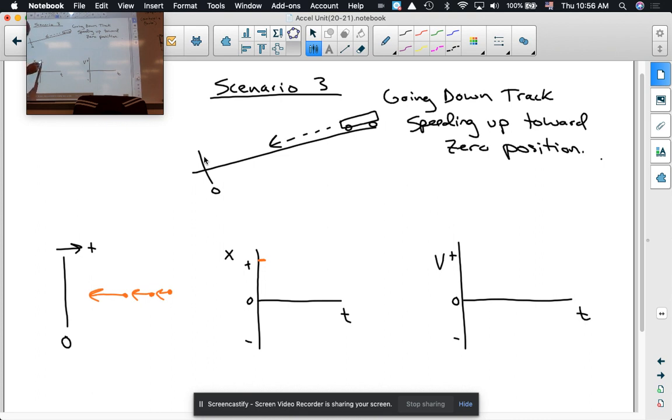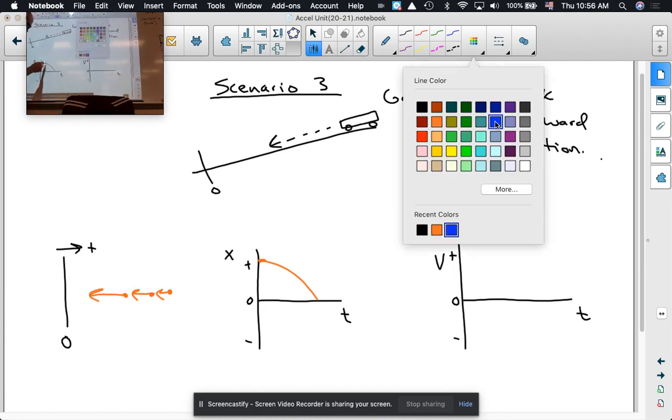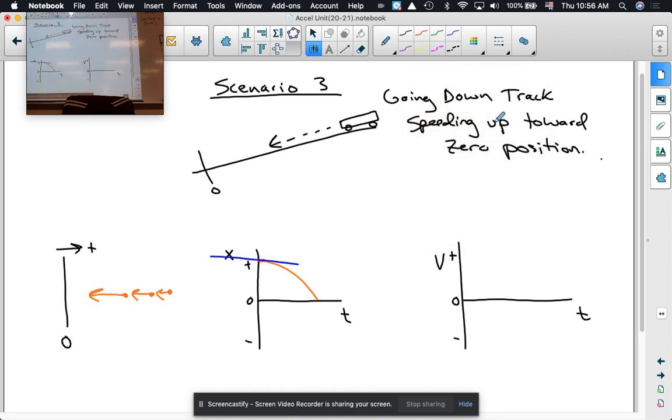But then it gets faster. So the curve does this, because that's getting steeper. But it's getting steeper negatively. Because the slopes, if you draw tangents on this, over here that's like no steepness.